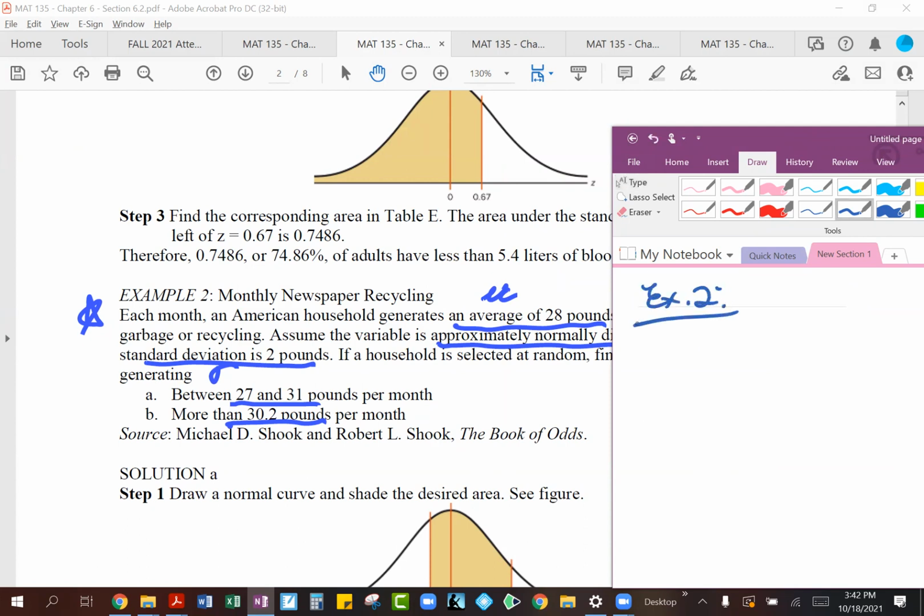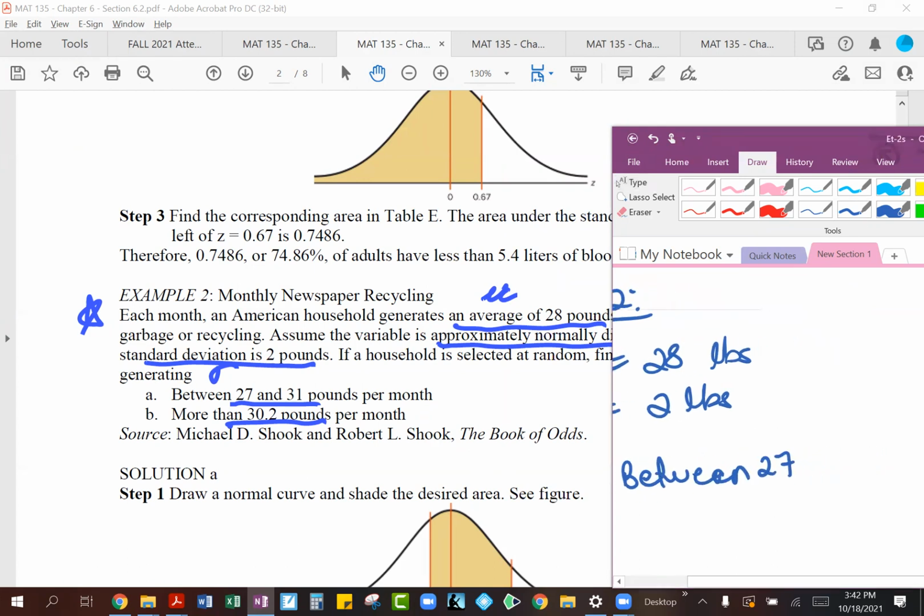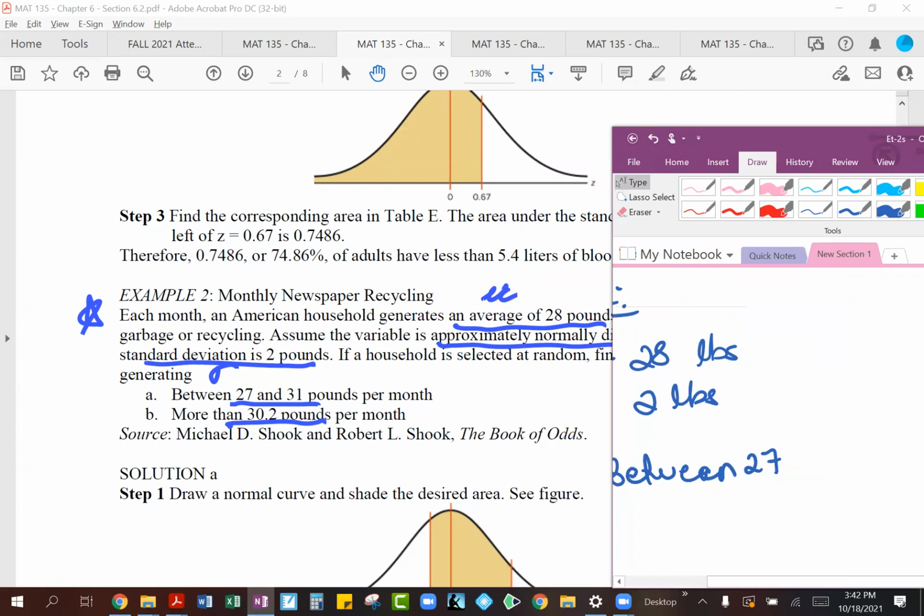This is example 2. So average of 28 pounds. They're telling us a standard deviation of 2 pounds. And for part A, they wanted to know it's going to be between 27 and 31 pounds of newspaper per month.